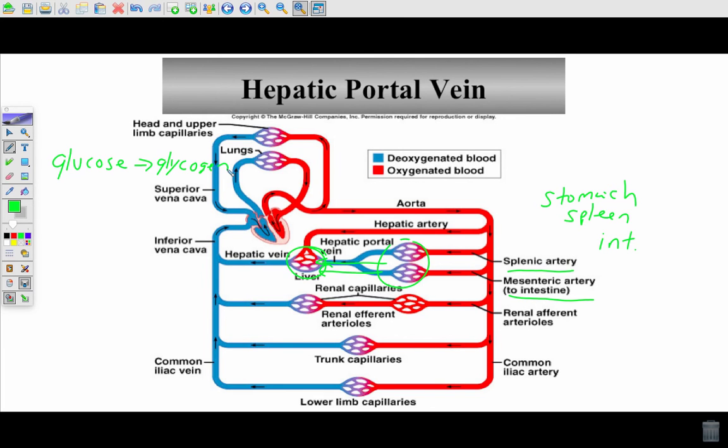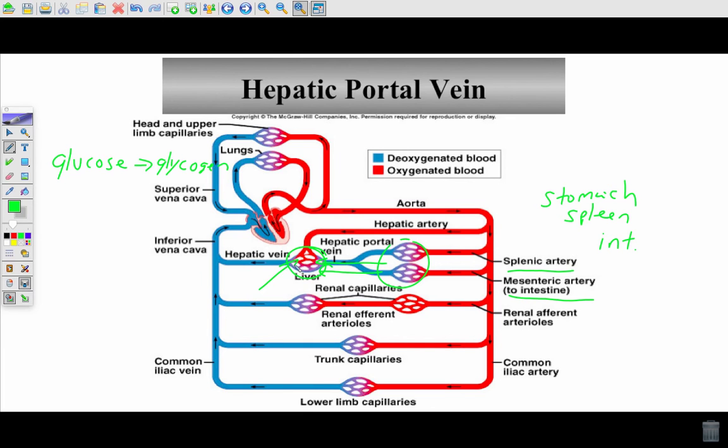So glucose is converted to liver glycogen so it can be stored in the liver. But another thing is that there's bacteria coming from, say, the intestines or the spleen. The spleen's a lymphatic organ, and there's bacteria coming from the intestines that need to be processed by the liver. This way, we're not circulating, and there's specialized cells in the liver called Kupffer cells.